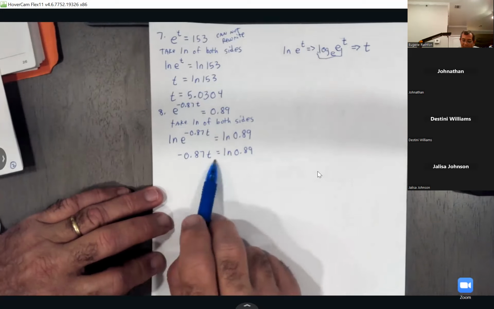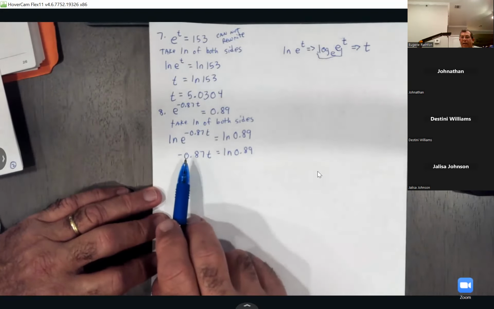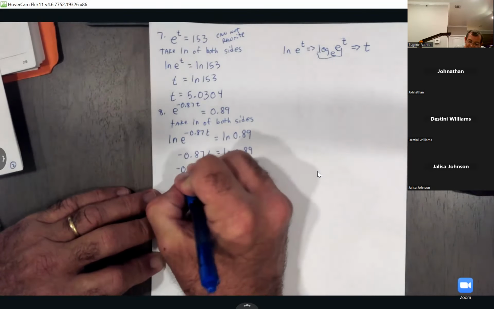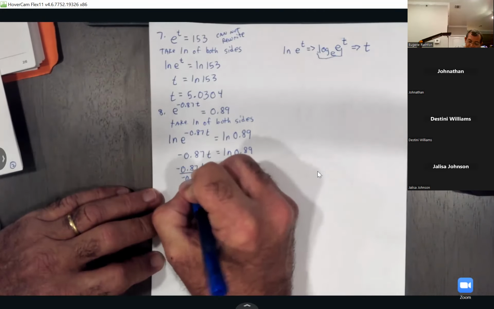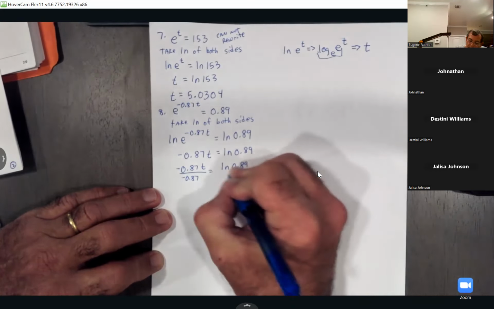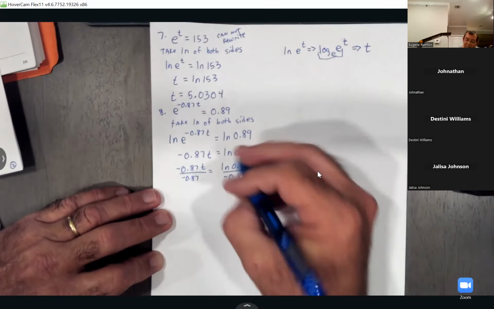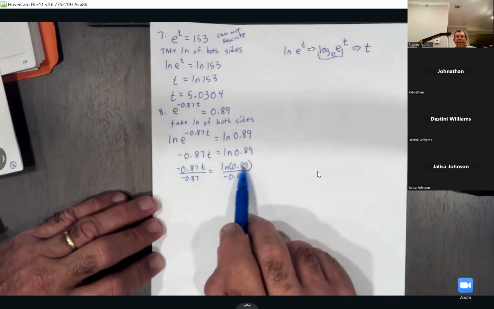Okay. All right, y'all. I need to make that a 1T, so I can now divide both sides by the negative 0.87. All right, just remember on the right side, we're going to have to close that ln when you put it in as the 0.89, okay?